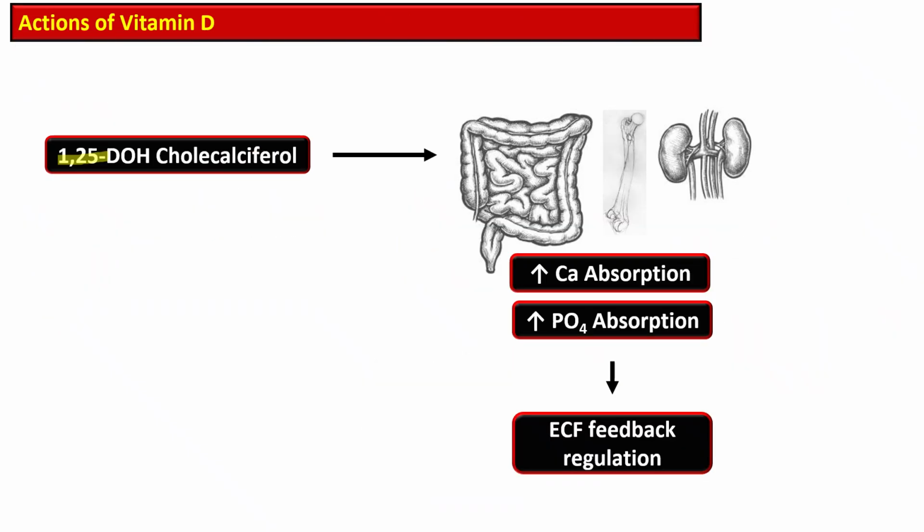What are the effects of this 1,25-hydroxycholecalciferol? It causes the calcium absorption and phosphate absorption from the gut, bone and kidney, and this will help in the extracellular fluid feedback regulation of these calcium and phosphate.